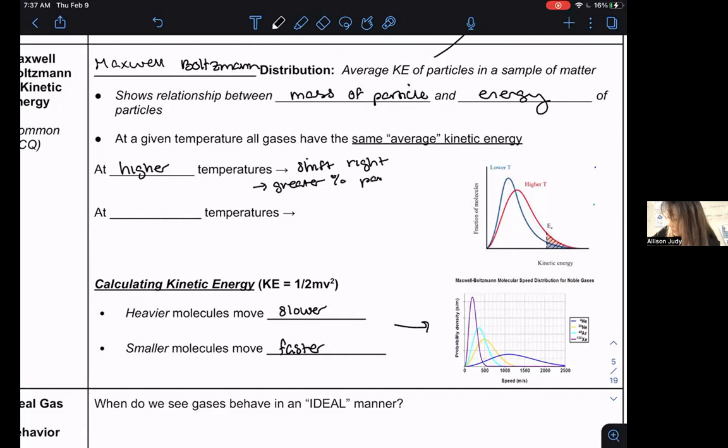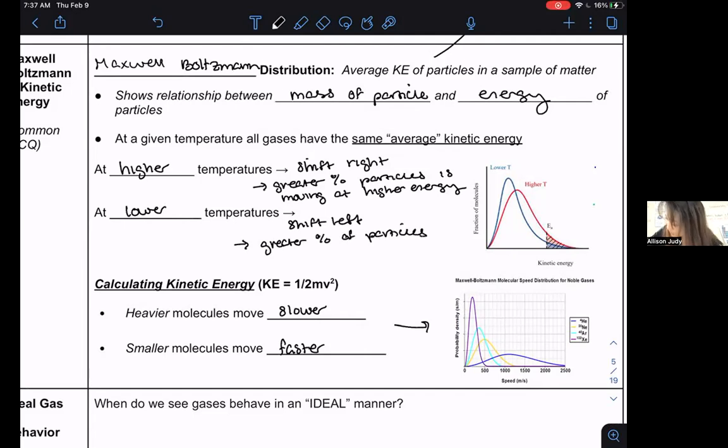On the other hand, at lower temperatures, we see a shift left. And what we would identify is that a greater percent of particles is moving at lower overall energy, right?